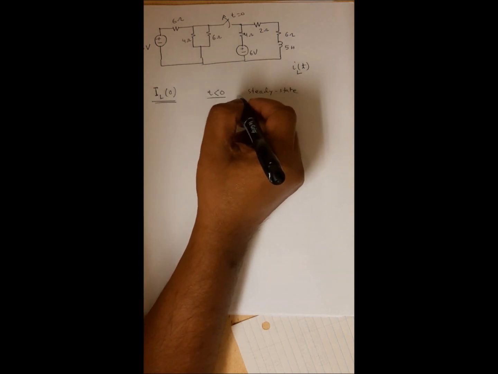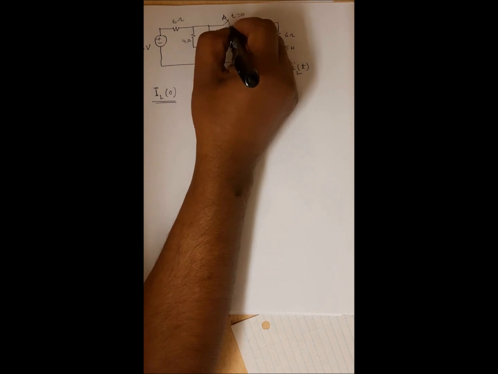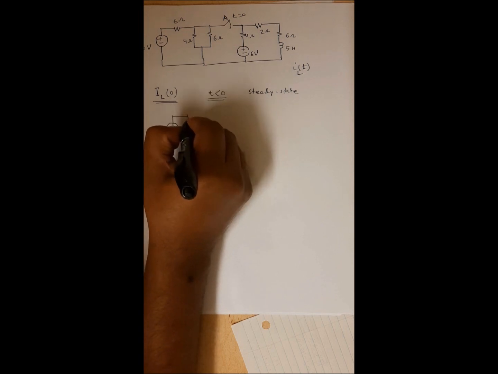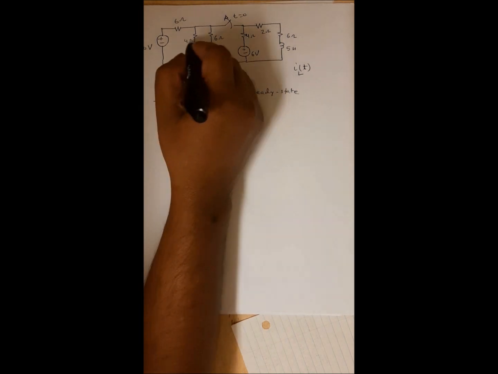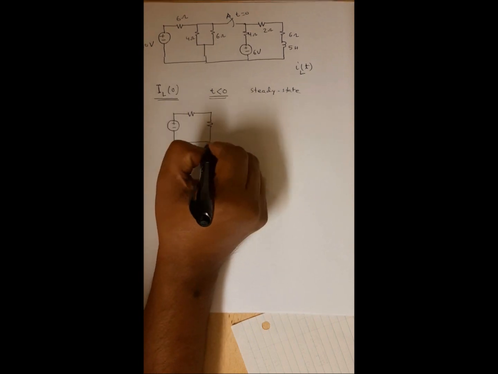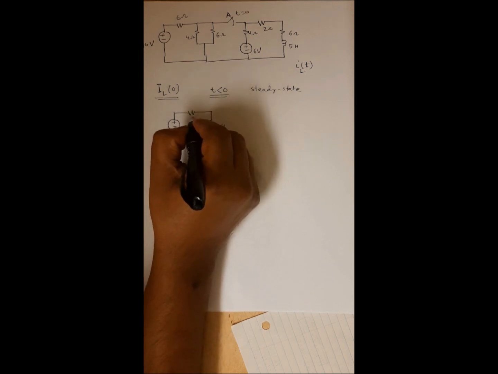So at steady state and t less than 0, before the switch opens, let me redraw the circuit. I can combine these two, so this combination will be 2.4.